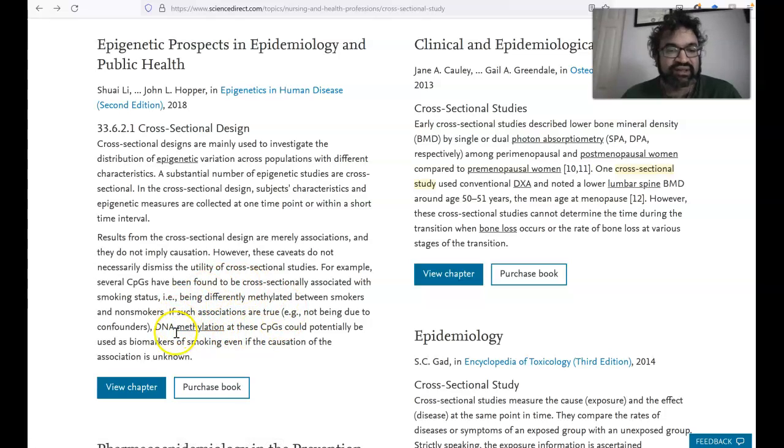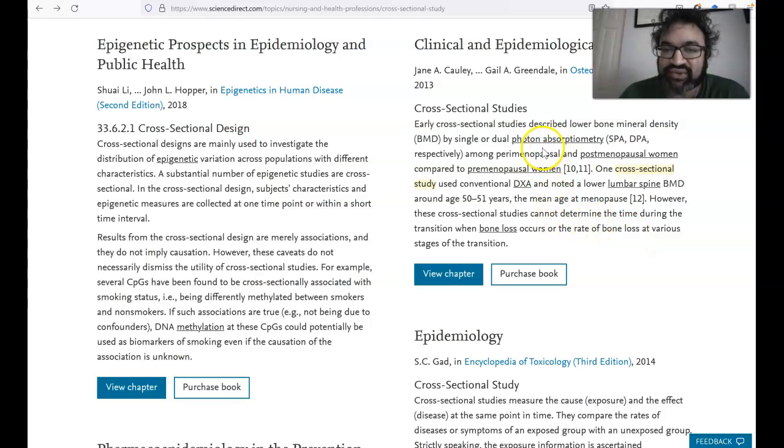So when you look for associations, DNA methylation patterns could be a good area to be looking for in epigenetics. So you already start with this idea. Then when you investigate how to look at the associations in genomic studies and epigenetic studies, then this can be a good starting point for cross-sectional.